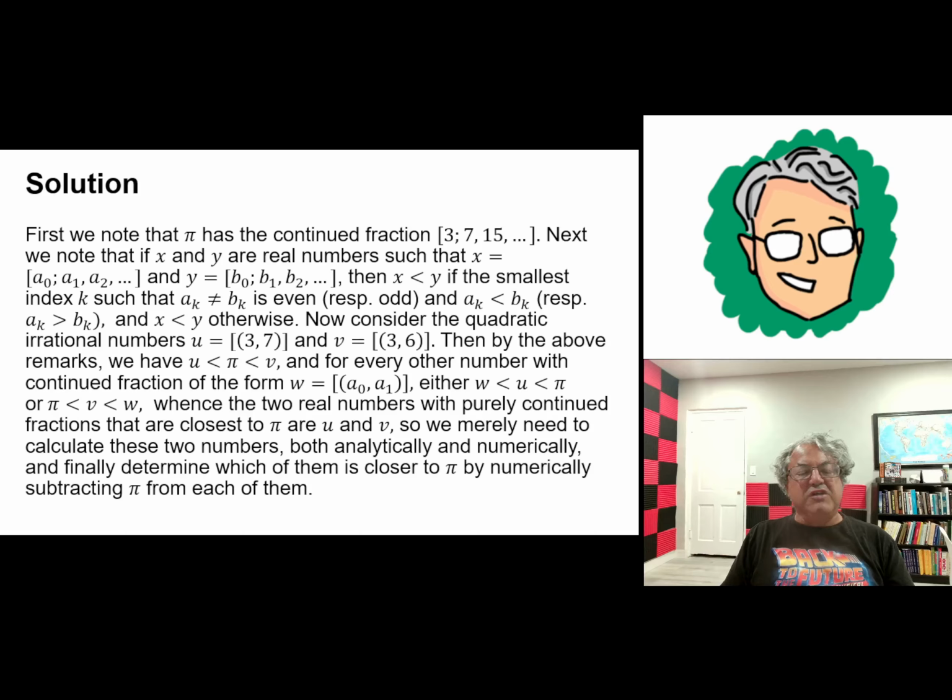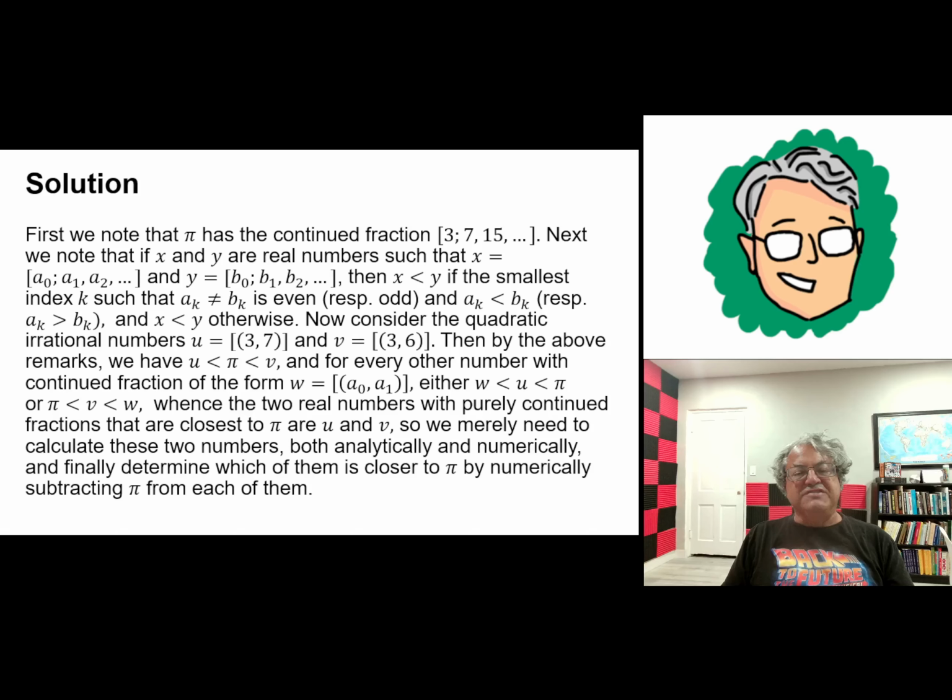Now we want to find periodic continued fractions, purely periodic with period 2. These would all have the form a0, a1 in parentheses. That means a0 plus 1 over a1 plus 1 over a0 plus 1 over a1, and so on, ad infinitum.